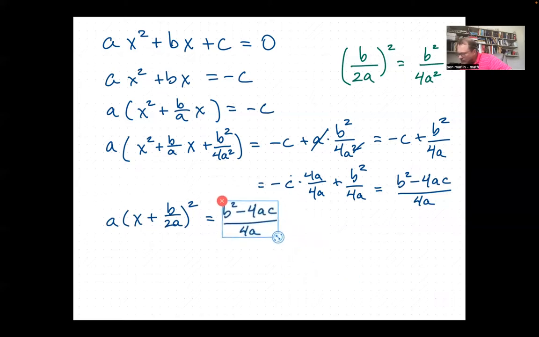And I'll work that right there. Okay. So since I'm going to get rid of that a, I'm going to just think about dividing by a here. I'll have an a squared there because I divide by it as well. Okay. So that means I have x plus b over 2a squared equals this mess over here.